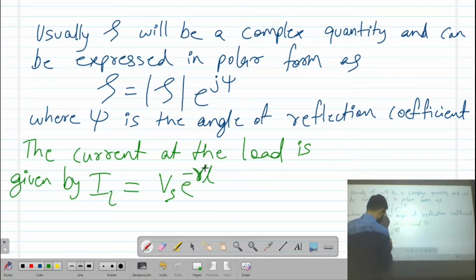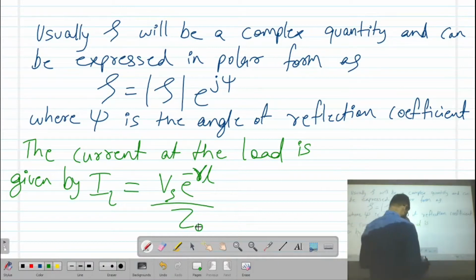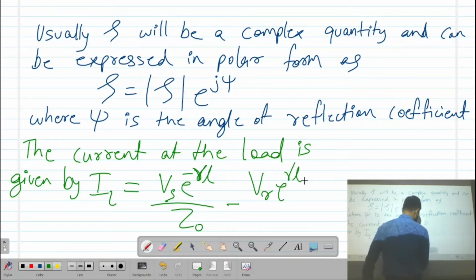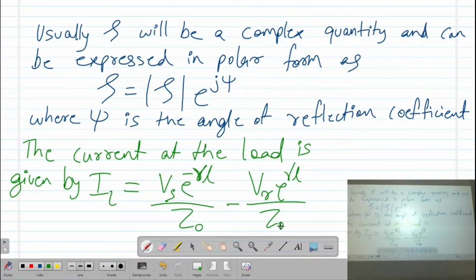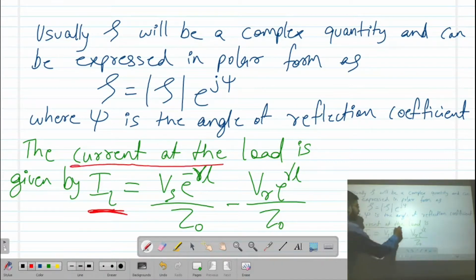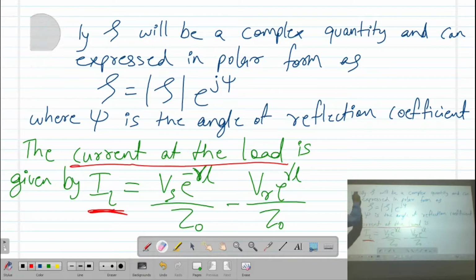Don't get confused. Vs divided by Z0 minus Vr e raised to gamma L divided by Z0. This is nothing but IL, that is the current at the load. Right?